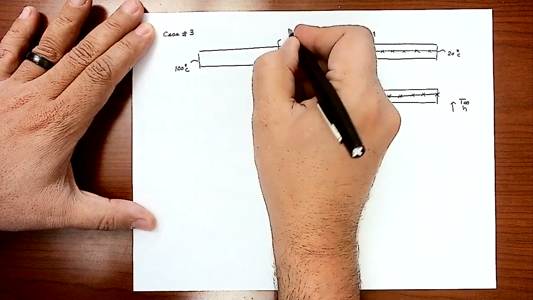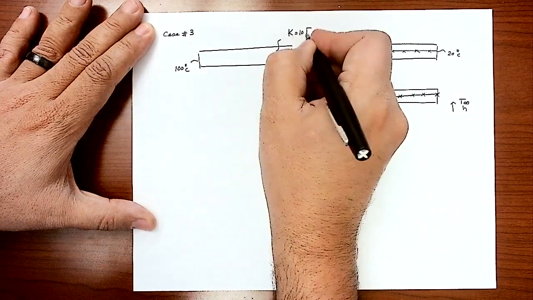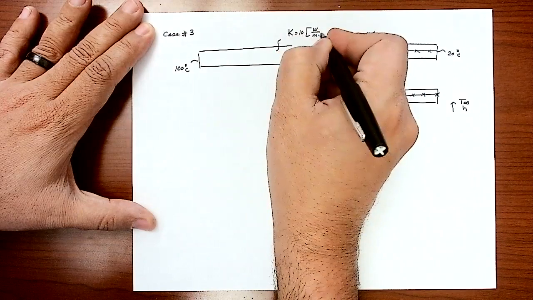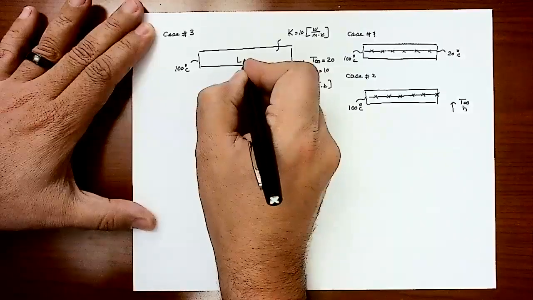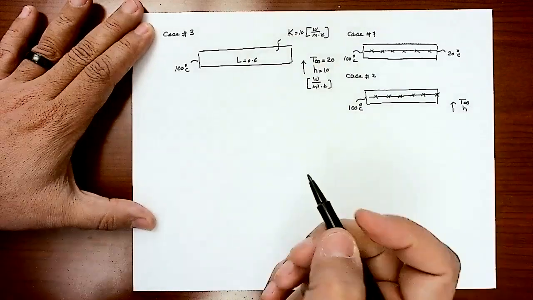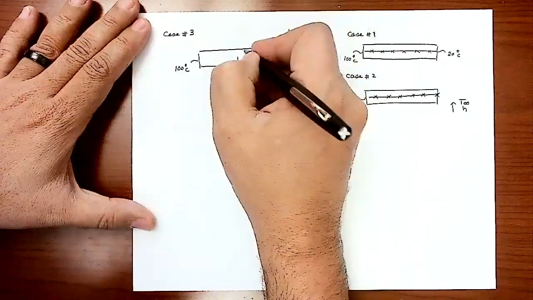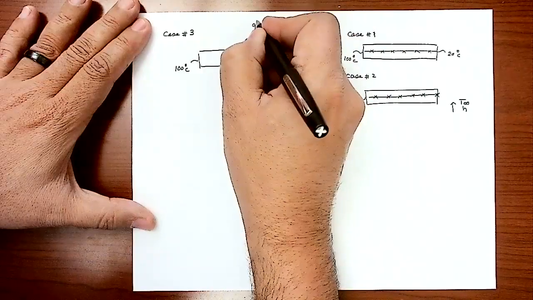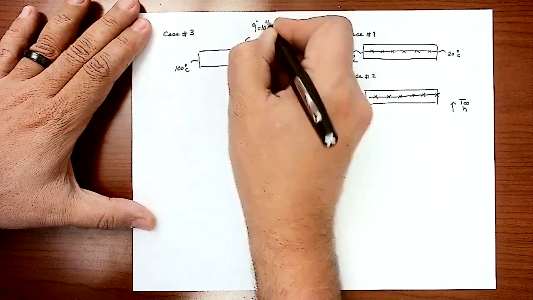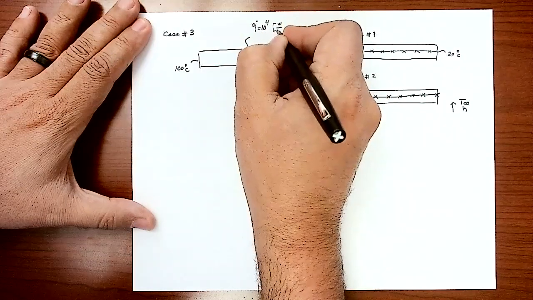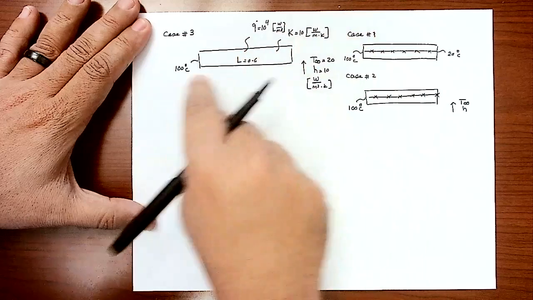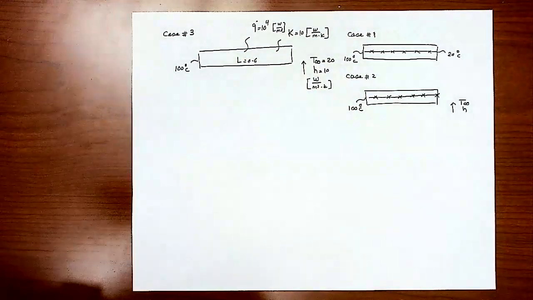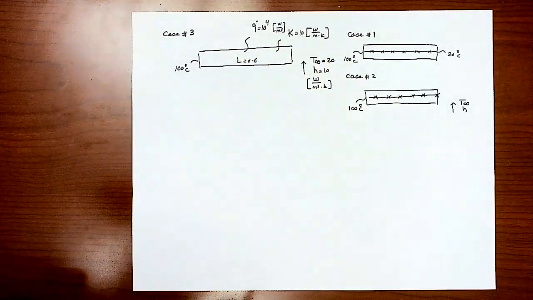Thermal conductivity of the bar is 10 watt per meter Kelvin. The length is still 0.6. And the additional information here is that this bar has a volumetric heat generation of 10 to the 4th watt per meter cube. And what is required is to get me the temperature distribution using the finite difference method.